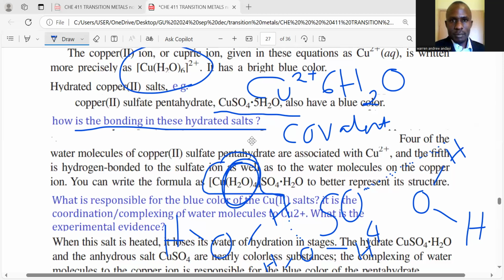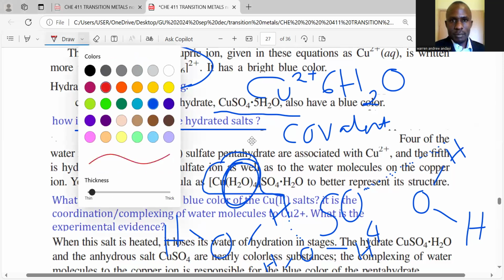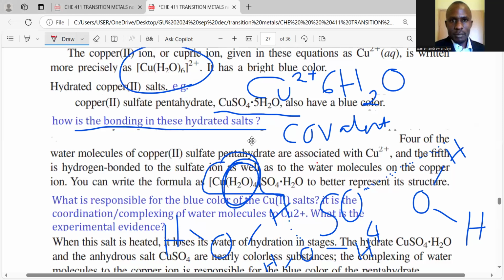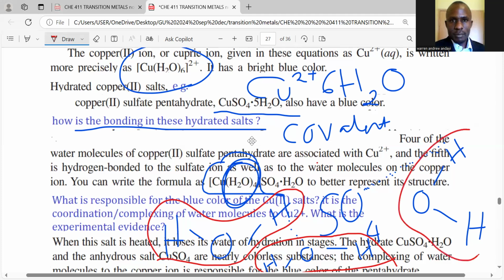If people didn't understand it, I'll distinguish the two with colors. Your first water is here. It is hydrogen bonded to the second water, which is here, and the hydrogen bond I've represented by the dotted lines. For the sulfate and water, again, I've represented it there. You have your water molecule there, and your sulfate down here.